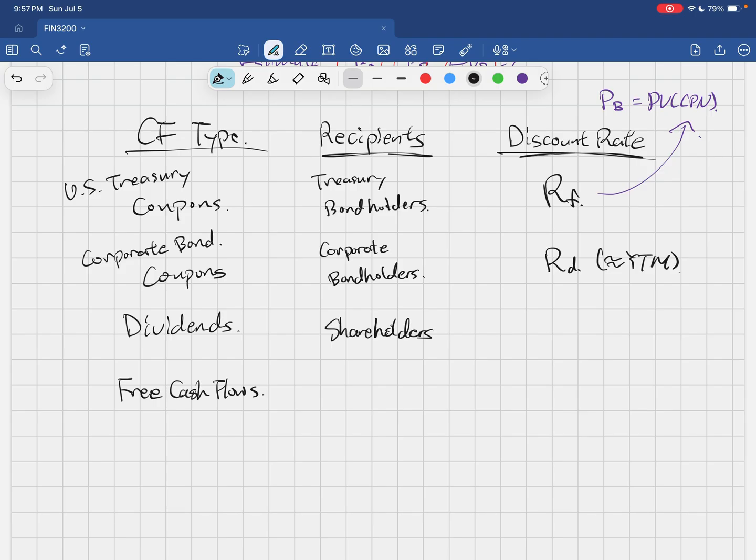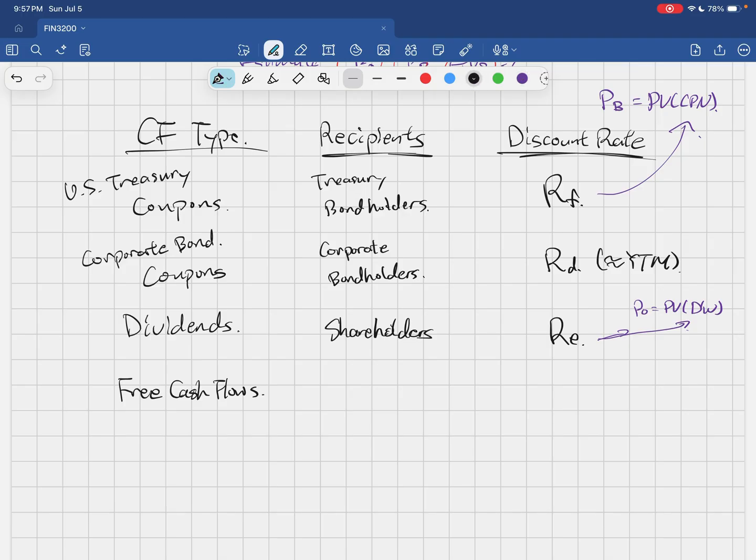So RE is what we're going to use. If we're using a dividend discount model, the dividends are discounted using RE, just as I mentioned earlier.